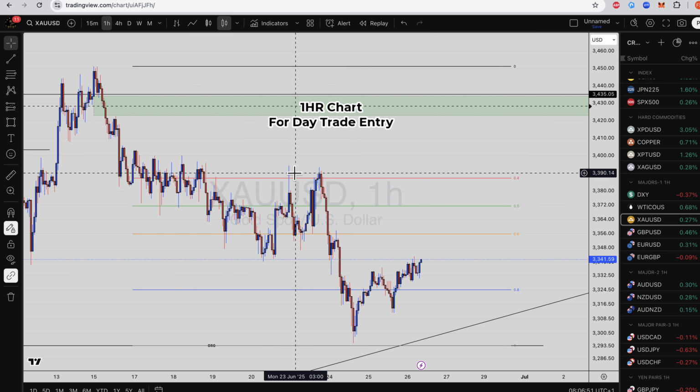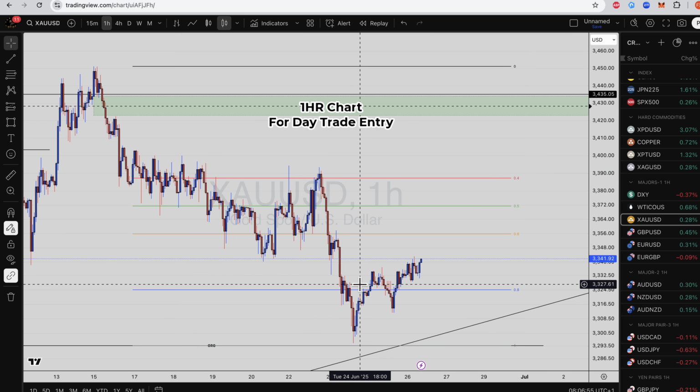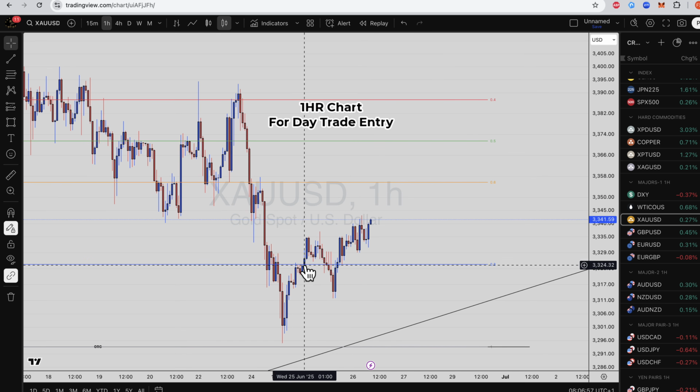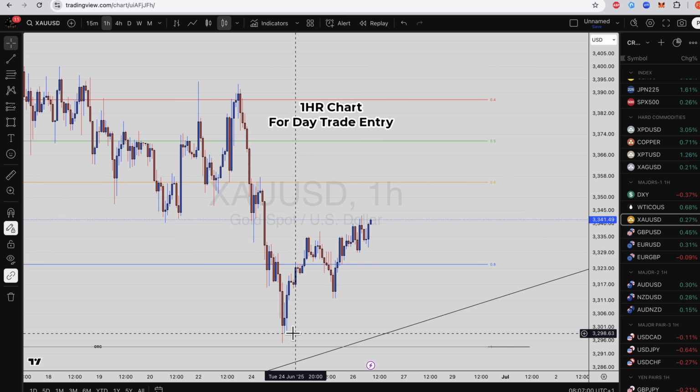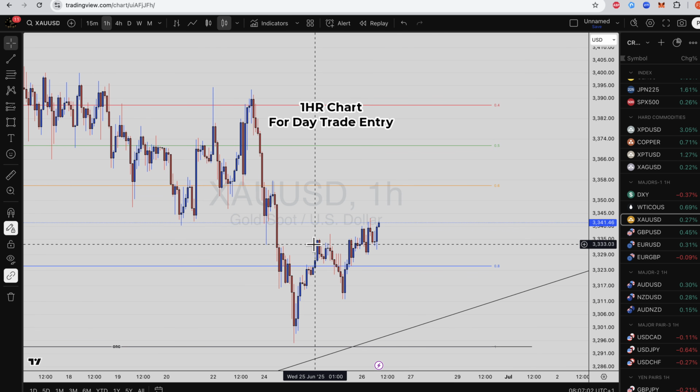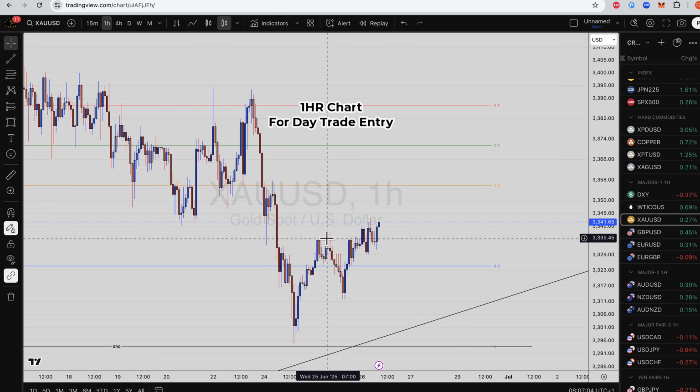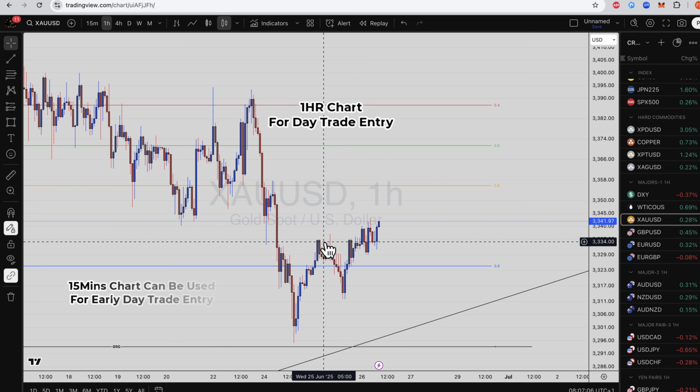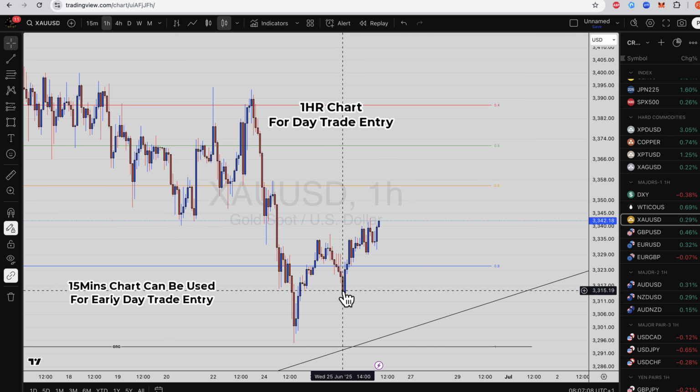On the 1-hour chart we had a lower high, and we have another lower low created, and we have a lower high, and then this lower high gave us a higher low.